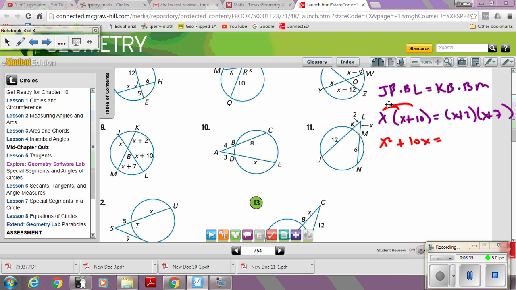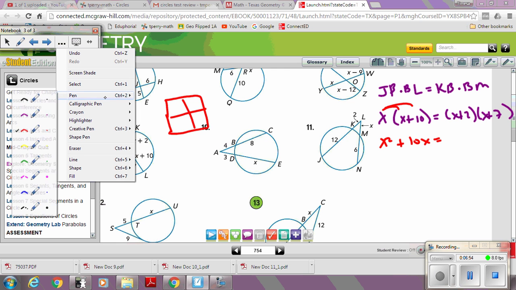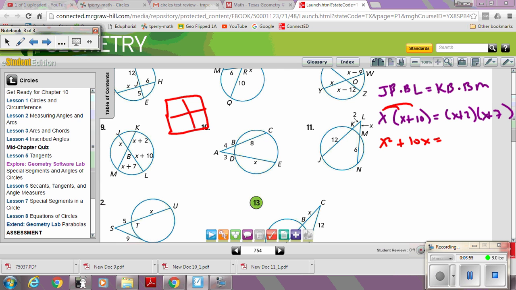On the right, we have to use the FOIL method or the box. I will demonstrate the box again real quickly, but next time I probably won't. I'm just going to use the FOIL method, which is a little faster for me under these circumstances. For the box, you put x plus 2 on one side, doesn't matter which side, and then x plus 7 on the other, and carry out the multiplication in parts.